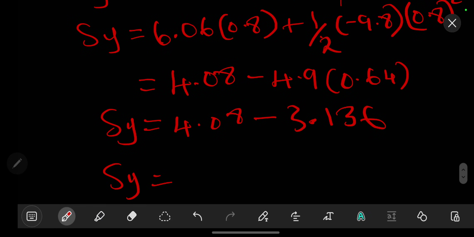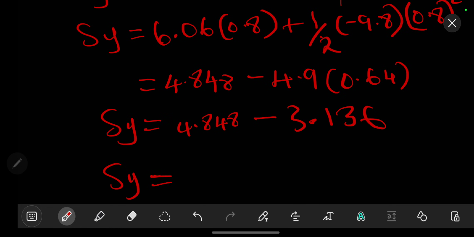So sy should be equal to 4.08 minus 3.136. Actually, there's a mistake: 6.06 by 0.8 gives us a value of 4.848.